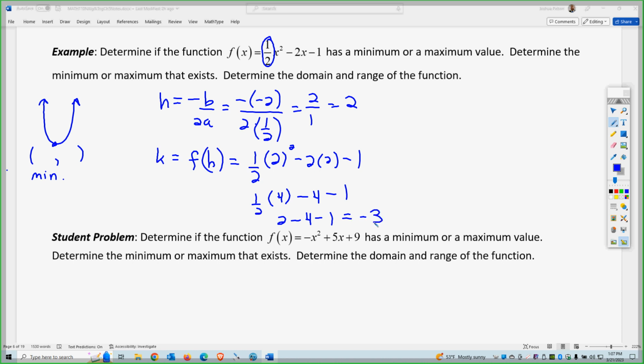Okay, so 2, negative 3 is the location of the minimum, right? So from that we can ascertain our domain and range. So obviously domain is going to go forever left and right. That doesn't change for any quadratic function. This is going to go down to negative 3, but up forever. All right, pause the video, try the student problem.